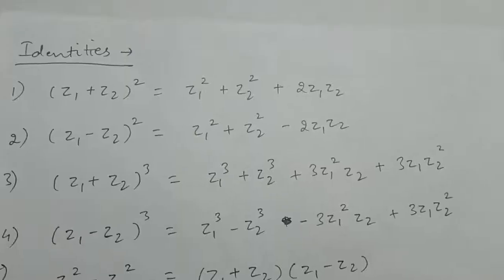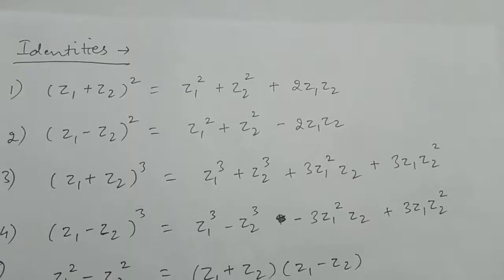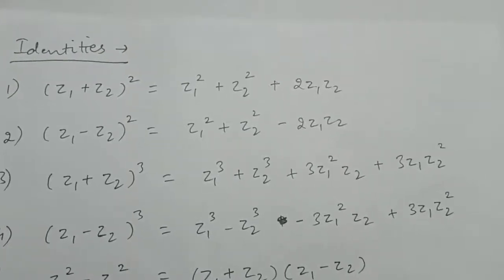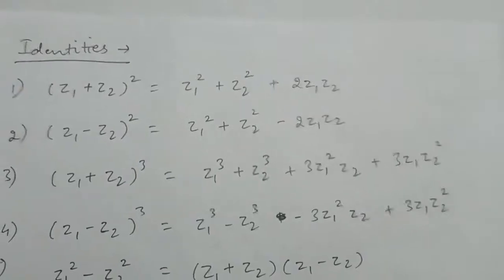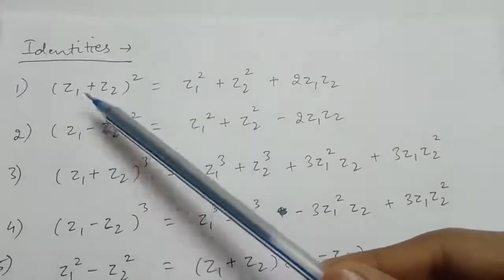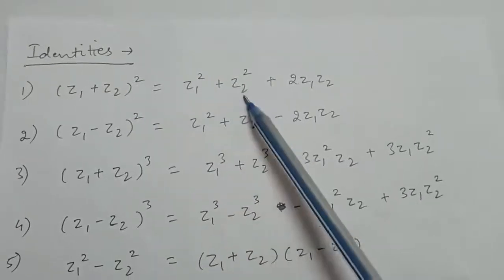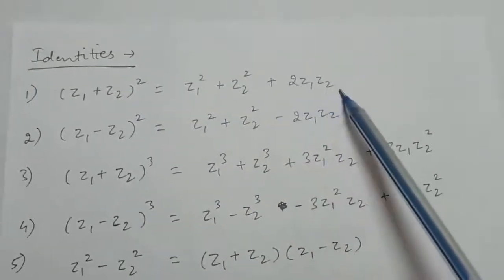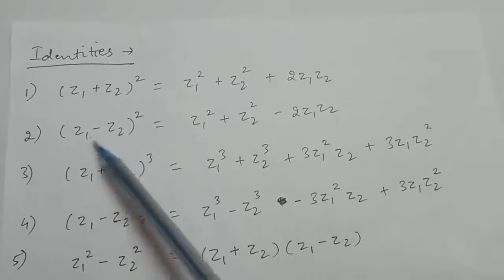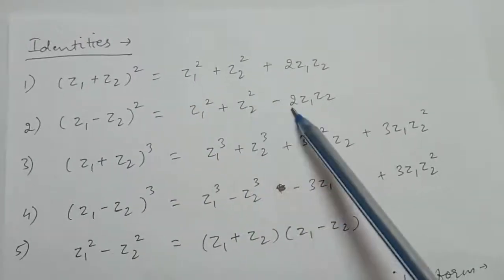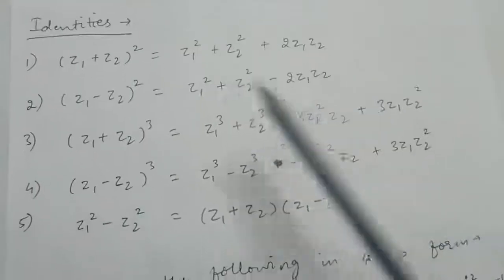Now there are some identities of complex numbers which are completely the same as the identities of real numbers. So the first is (Z1 plus Z2) whole square, where Z1 and Z2 are complex numbers. So it will be Z1 square plus Z2 square plus 2Z1Z2. Then (Z1 minus Z2) whole square is Z1 square plus Z2 square minus 2Z1Z2.